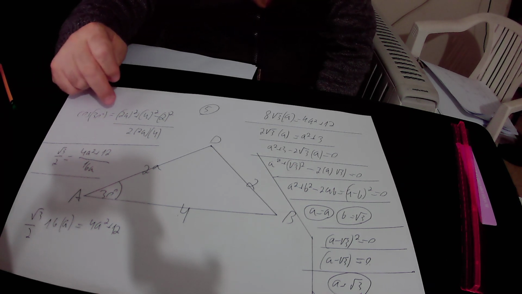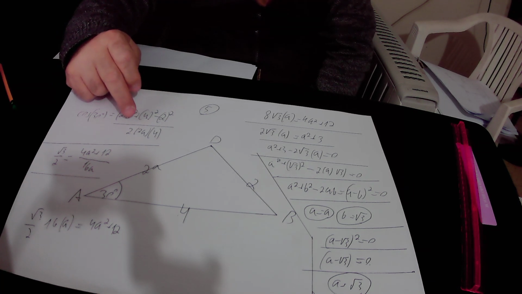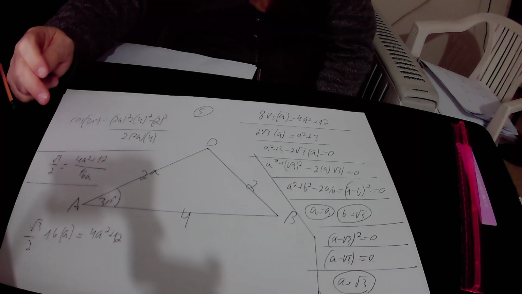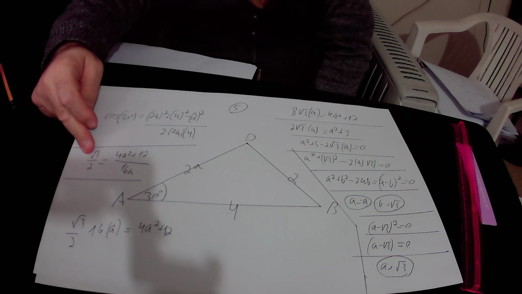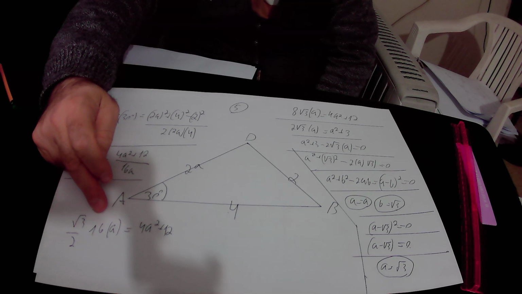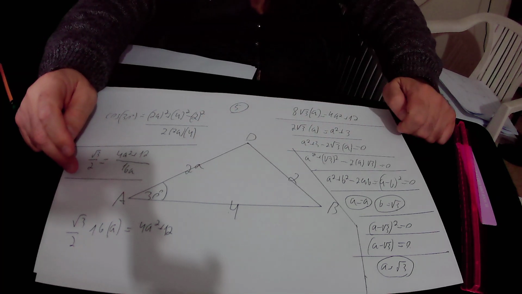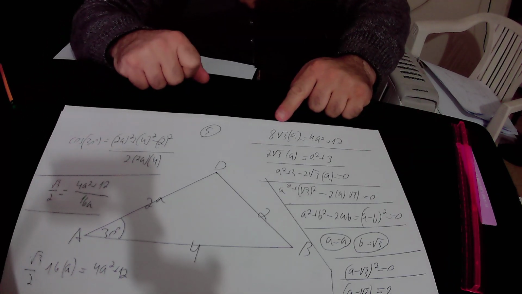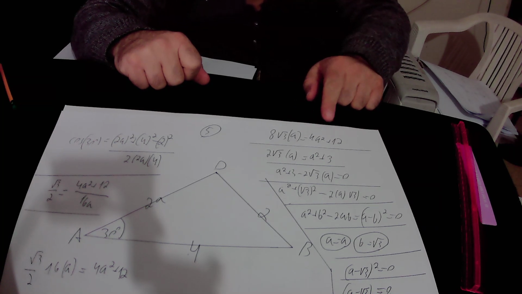And in the denominator of this expression we have 2 times 4 is 8, 8 times 2a is 16a. So here we will multiply this equation by 16a, and we got that square root of 3 over 2 times 16a equals 4a squared plus 12. 16 over 2 is 8, so in conclusion we got that 8 times square root of 3 times a equals 4a squared plus 12.